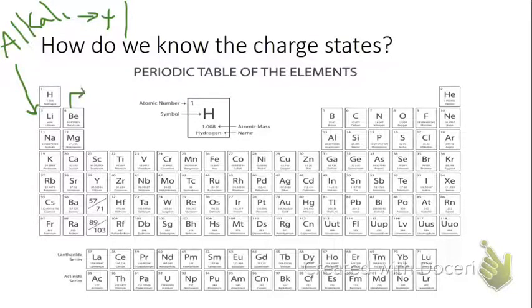The next row over are alkaline earth metals. These always adopt a +2 charge, right? So if you see beryllium, magnesium, calcium, strontium, then you know that those always adopt a +2 charge.